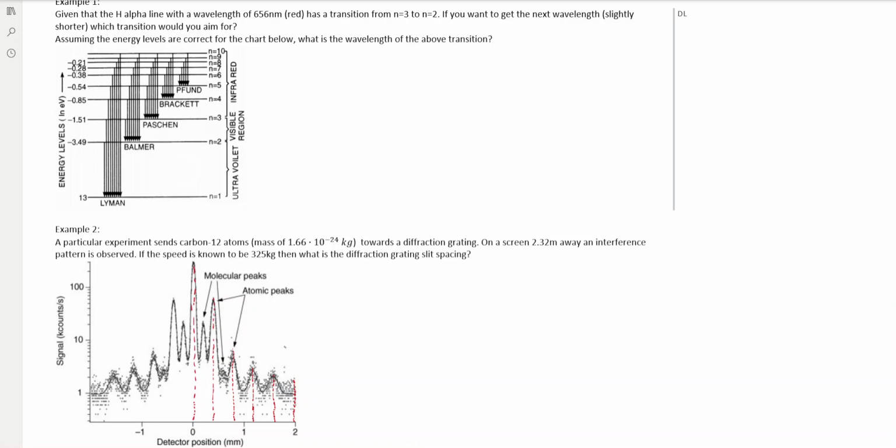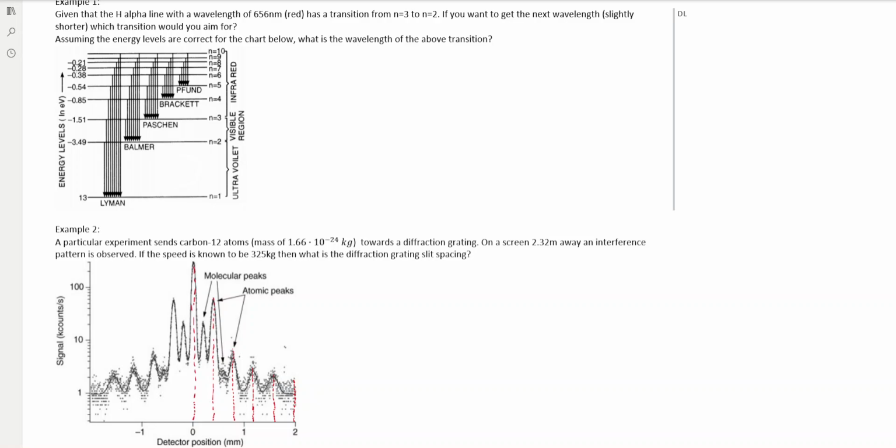Okay, so example 1. Given that the H alpha line, with a wavelength of 656 nanometers, which is red, has a transition from 3 to 2, if you want to get the next wavelength, slightly shorter, which transition should you aim for?